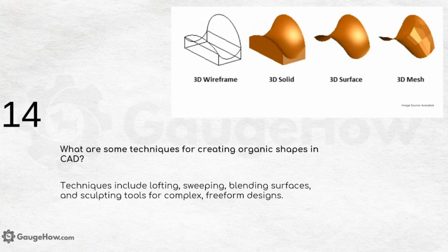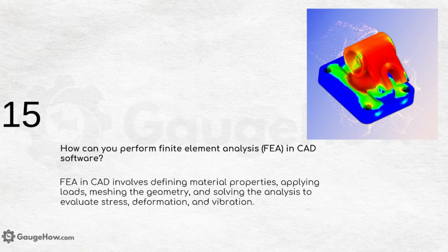What are some techniques for creating organic shapes in CAD? Techniques include lofting, sweeping, blending surfaces, and sculpting tools for complex free-form designs. So, like I said in the previous slide, it is very useful for creating advanced shapes as well. How can you perform finite element analysis in CAD software?